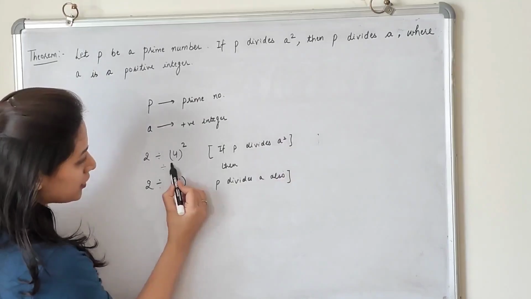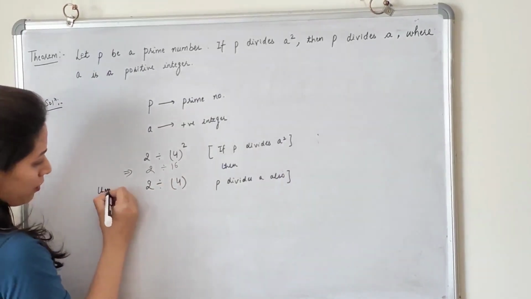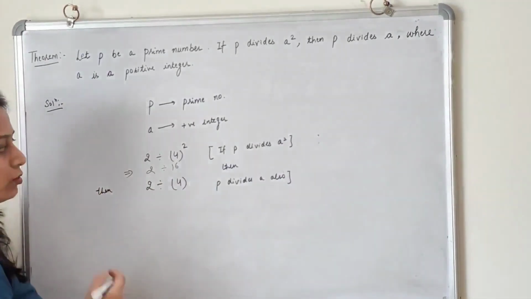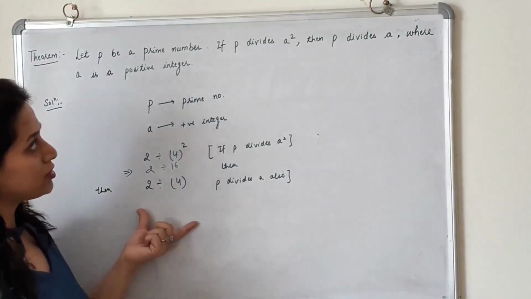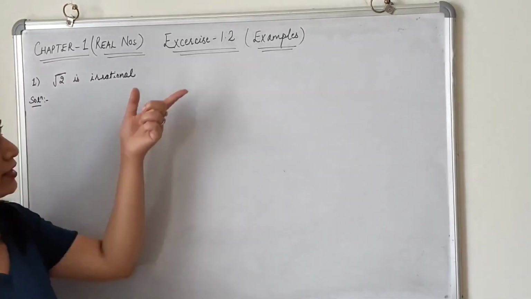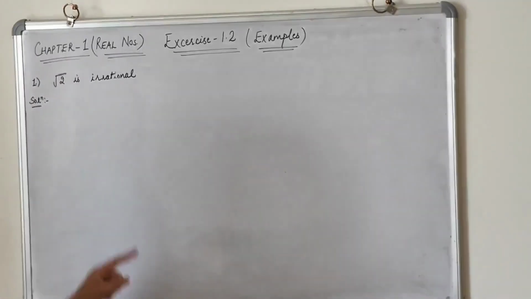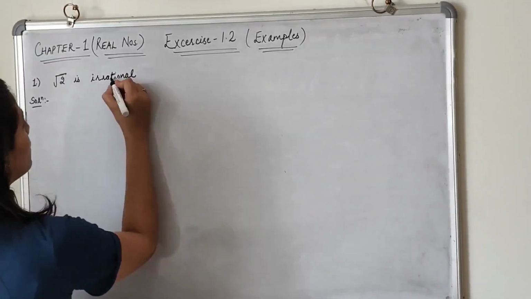Here check, 16 is divisible by 2, then 4 is also divisible by 2. So exercise 1.2 questions are based on this theorem. Here are the exercise 1.2 examples. Question number 1 is, prove that root 2 is irrational.